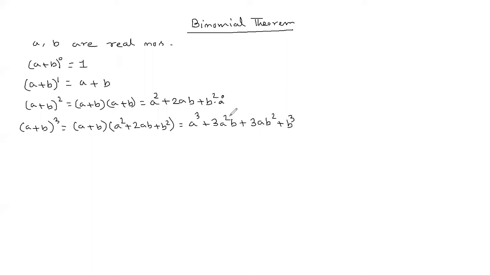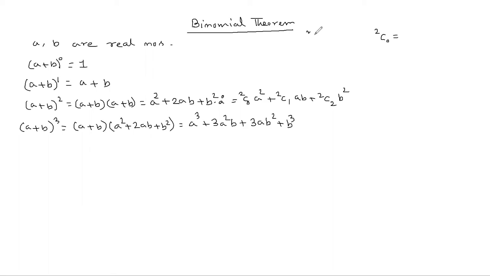Our next observation is regarding the coefficient. How do I write the coefficient? Here you can see I can write this as 2C0 a square plus 2C1 ab plus 2C2 b square. Now what is 2C0?